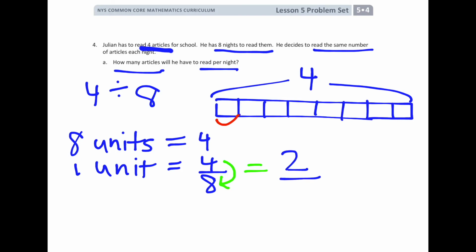Oh, I'm sorry, oops. One second. What I meant to say is that 4 goes into 4 how many times? 1. And 4 goes into 8 how many times? 2. That's what I meant to do.